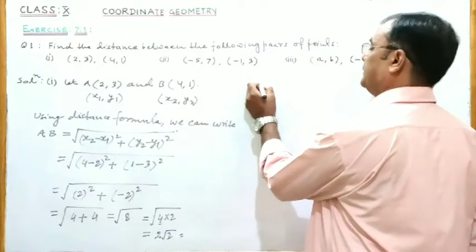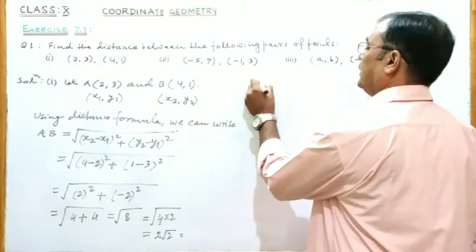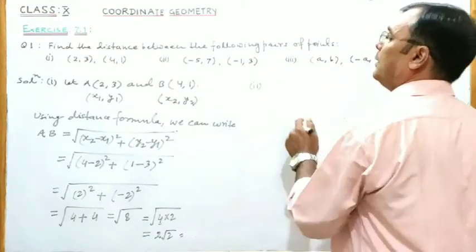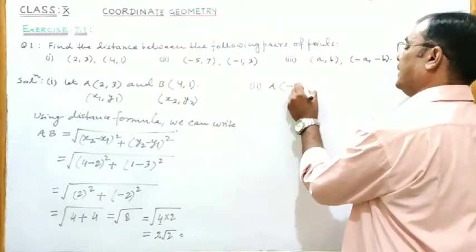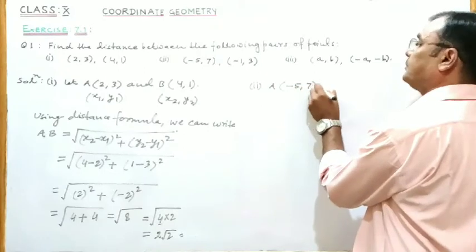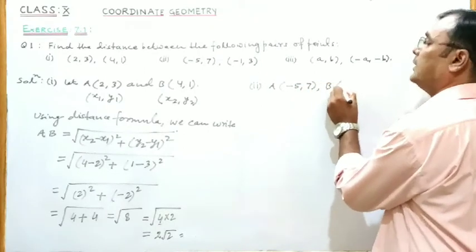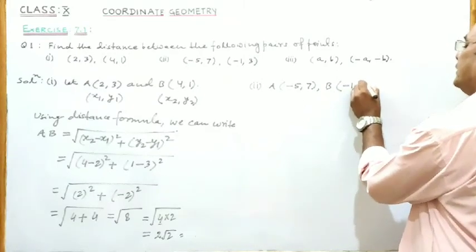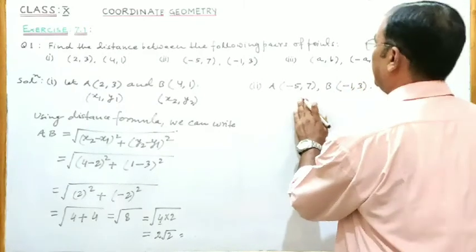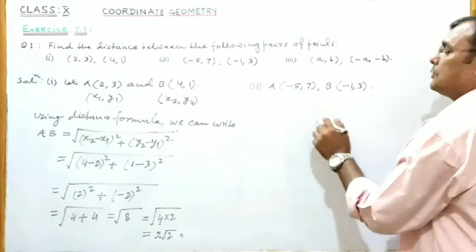Now second part. In second part, given points are (minus 5, 7) and let it be (minus 1, 3), and we have to find distance between these 2 points.